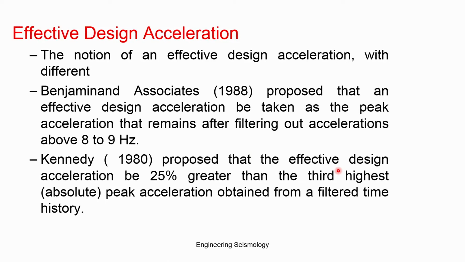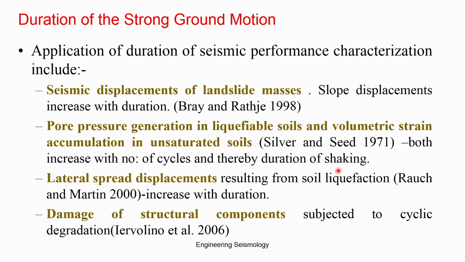This is also the design acceleration, arrived at by processing the data, filtering out the data for a particular frequency. Okay. So, Kennedy proposed that effective design acceleration should be 25% greater than the third largest absolute peak acceleration obtained from the filtered time history. So, these are all the data we get directly from the plot of the earthquake.